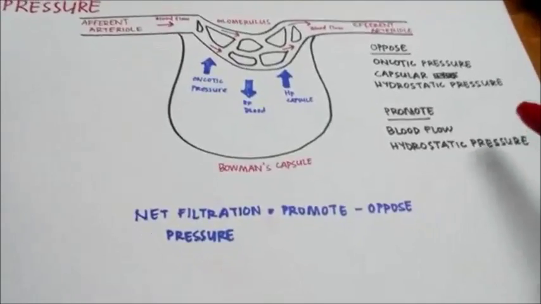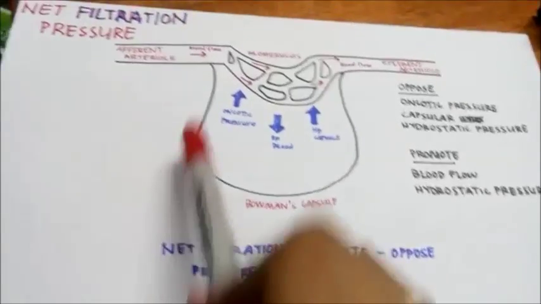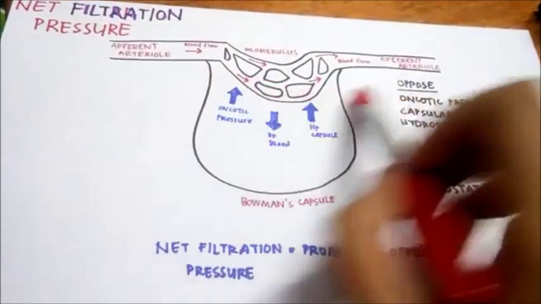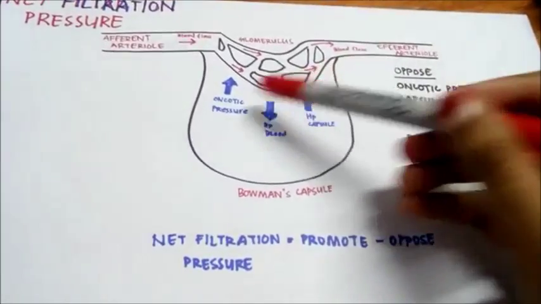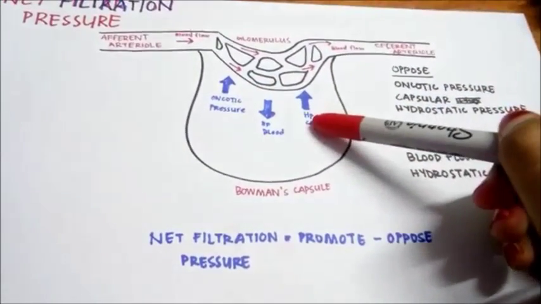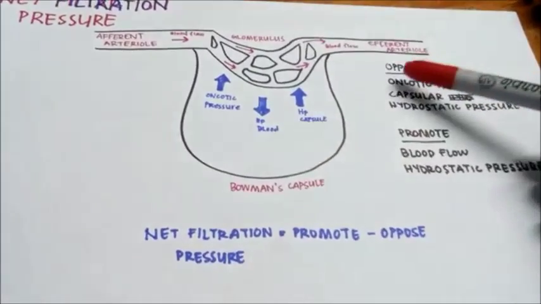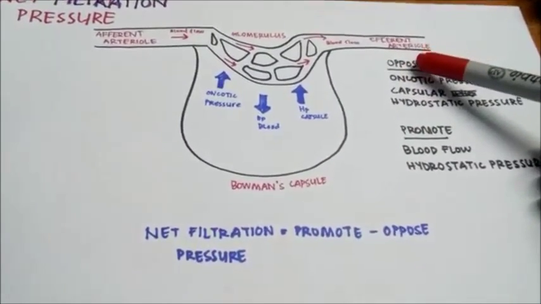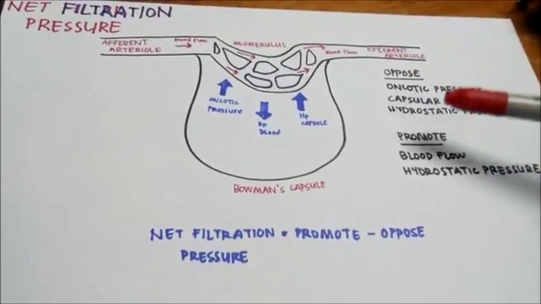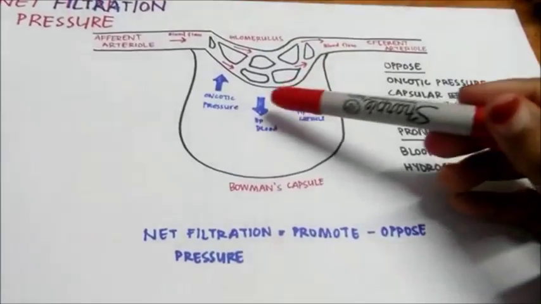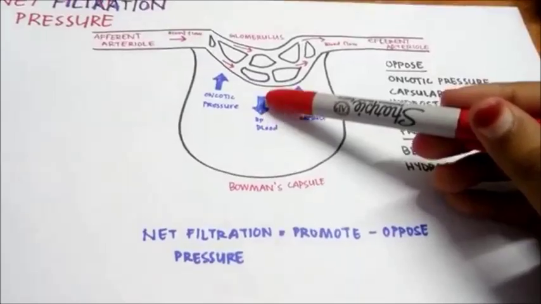Okay, now we can see that when the blood flows from the afferent arteriole to the efferent arteriole, there are three forces involved. These three forces determine the net filtration pressure. There are two types of forces: the forces that oppose filtration and those that promote filtration. The one that promotes is the hydrostatic pressure of the blood.